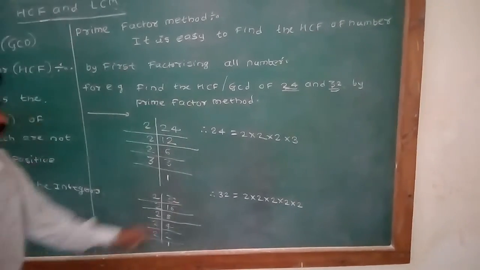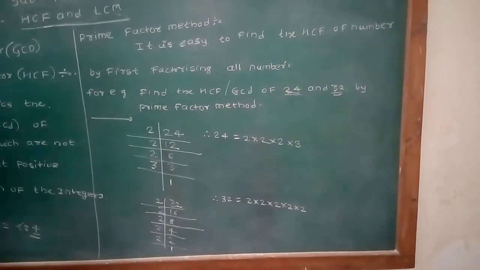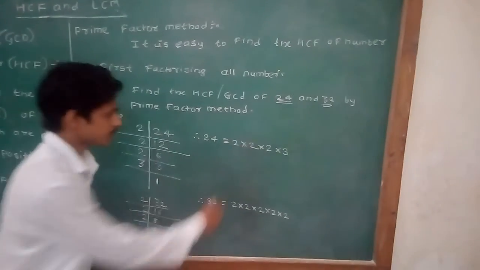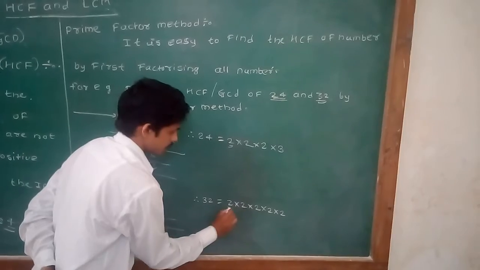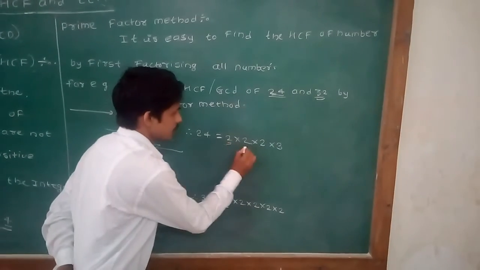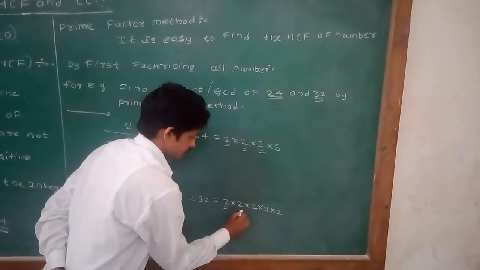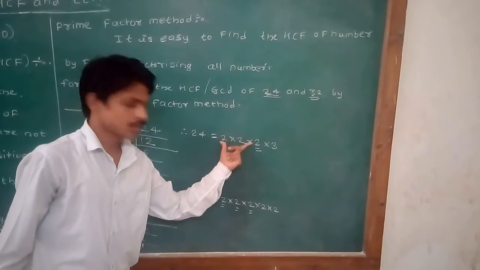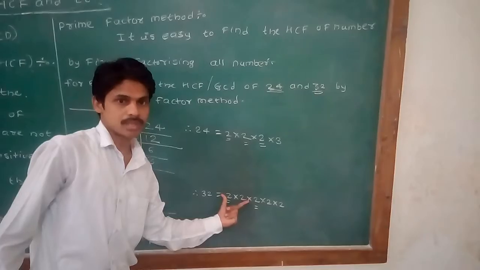Okay, the definition of GCD is the common factors. The common factors here are 2, and there are 3 common factors in both the numbers.